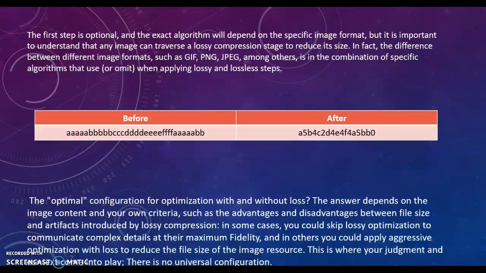But it is important to understand that any image can go through a lossy compression stage to reduce its size. In fact, the difference between image formats such as GIF, PNG, and JPEG, among others, is the combination of specific algorithms they use or omit when applying the lossy and lossless steps.